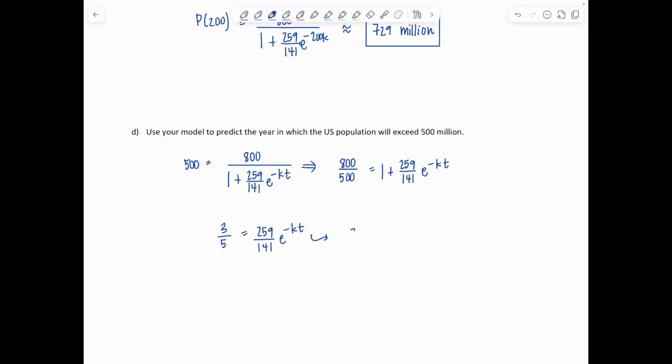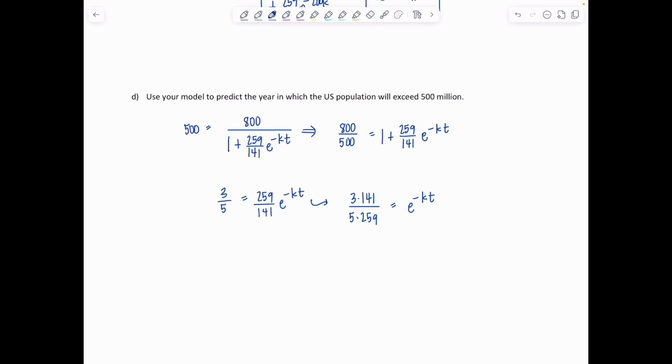So then we have 3 times 141 over 5 times 259 equals e to the negative kt. Take natural log of both sides and the reciprocal of the other side. So then we have t equals 10 natural log 423 over 1295.